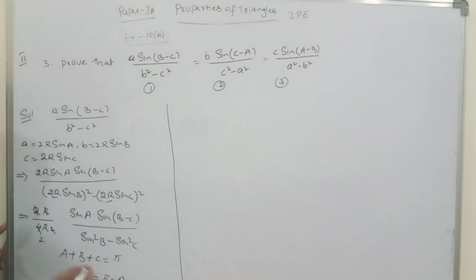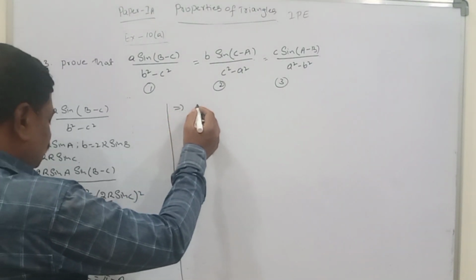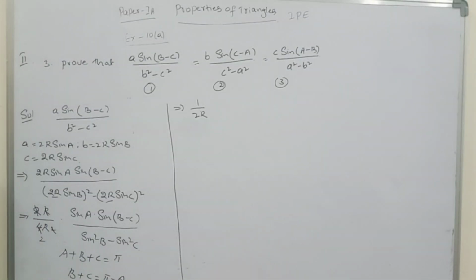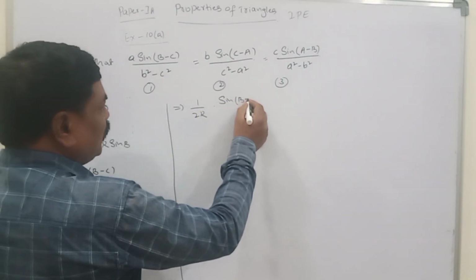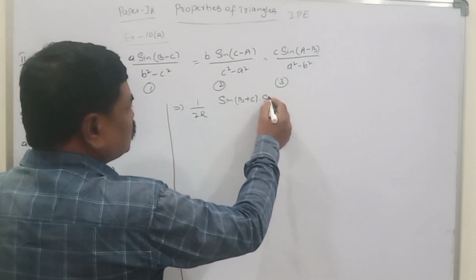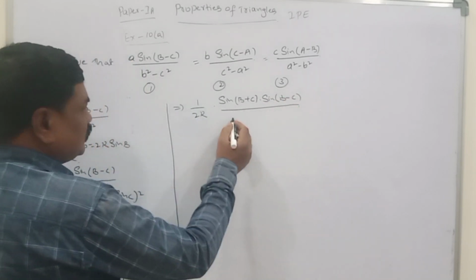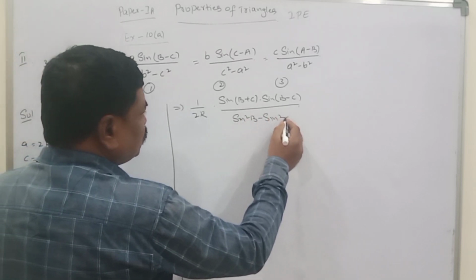Sine A is equal to what? Sine of (B plus C). So then you can write 1 by 2r is remaining, into sine of (B plus C) into sine of (B minus C) by sine square B minus sine square C.